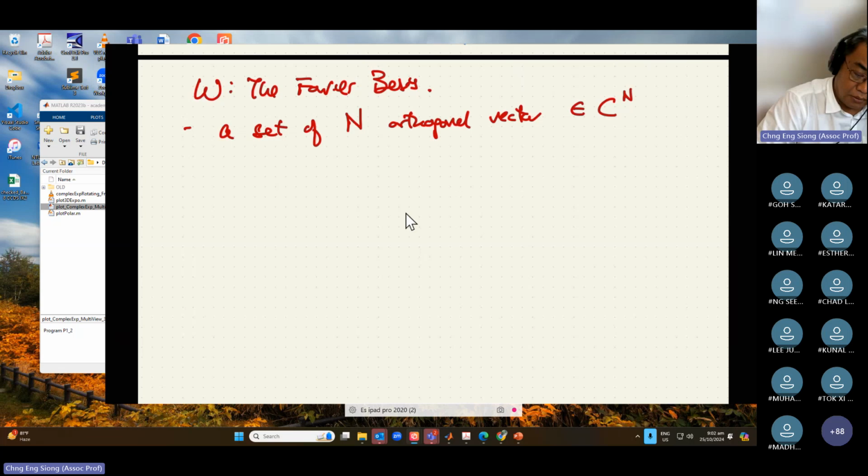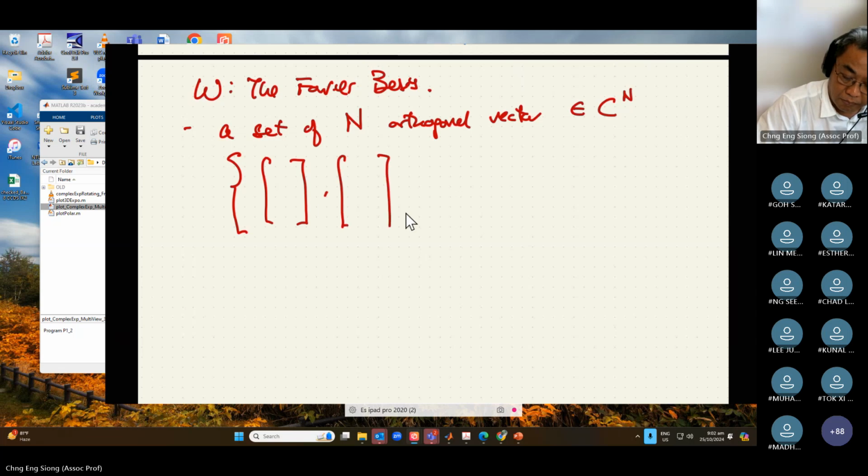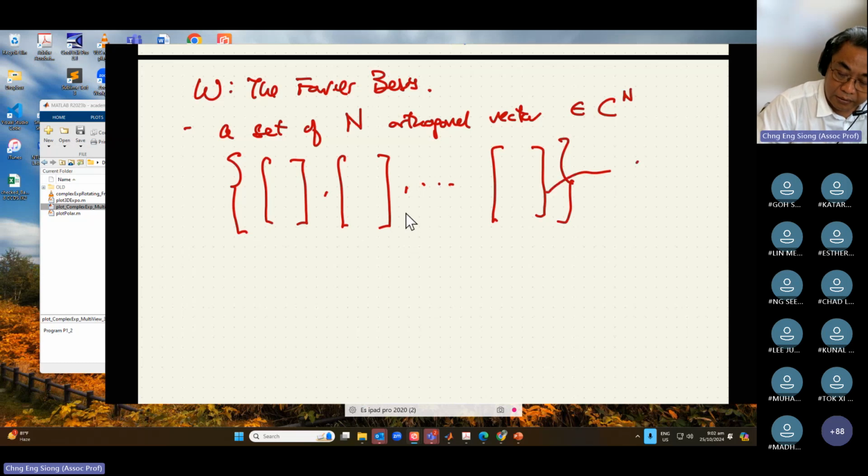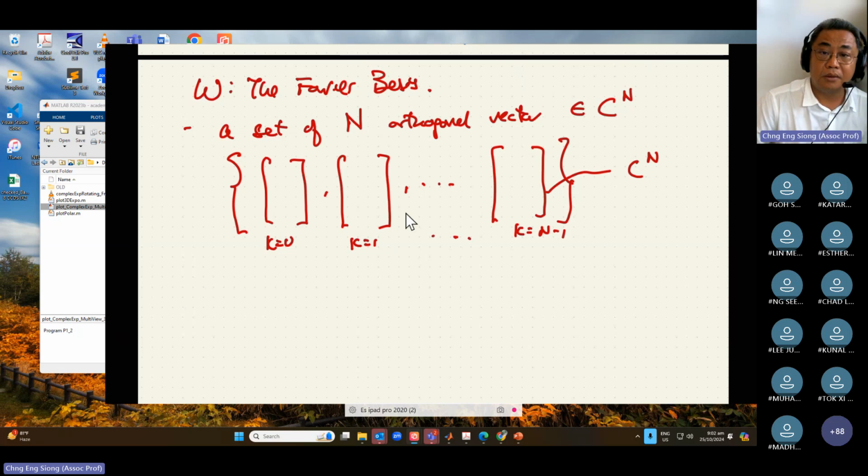And it looks like this. Each of these vectors is in Cn, and I have n of them. Let's call this k equals to 0, k equals to 1, until k equals to n minus 1. Okay, I still haven't filled up the elements yet.